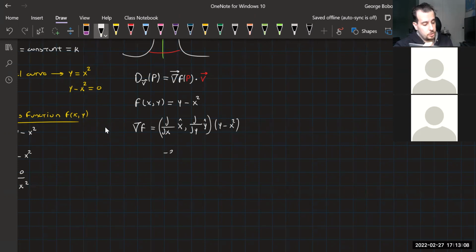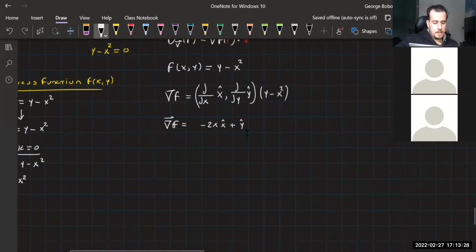So I get negative 2x, x hat. And if I repeat that here, I get plus just y hat, because ∂/∂y of y is 1, and you remain with the unit vector, the other derivative being 0. So that's your gradient. Keep it like this for a sec.